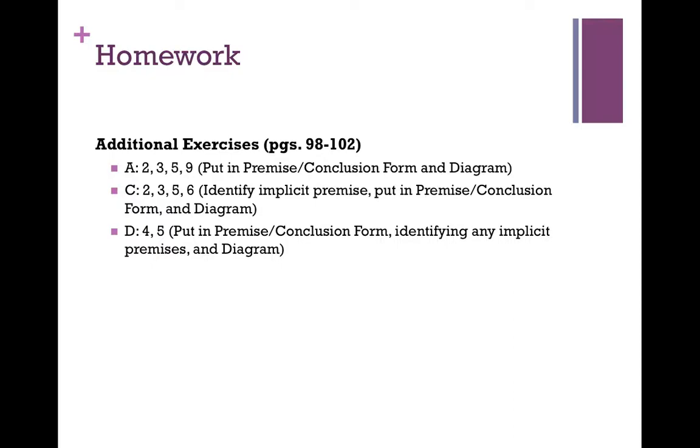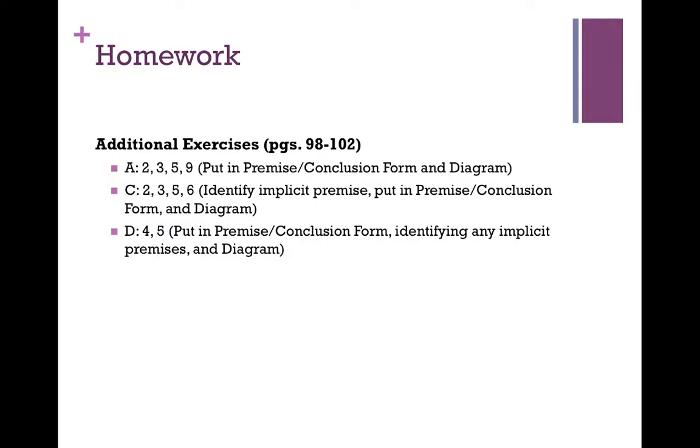And what I want you guys to do for your homework assignment is the following exercises. You'll notice here I listed instructions that are a little bit more extensive than just what the book says. I want you to put these arguments into premise conclusion form, and I want you to diagram them. Make sure to put them in premise conclusion form first, because if you just diagram them, your numbering might get off.